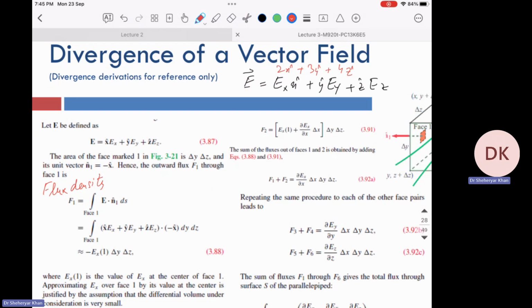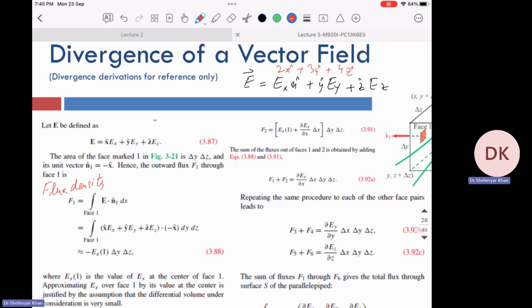That actually tells us the flux that is passing through phase 1. So Ex, the 1 stands for phase 1. We're doing integration on phase 1, so we use 1 here to make it different from the other. So we will get Ex1 dy dz.